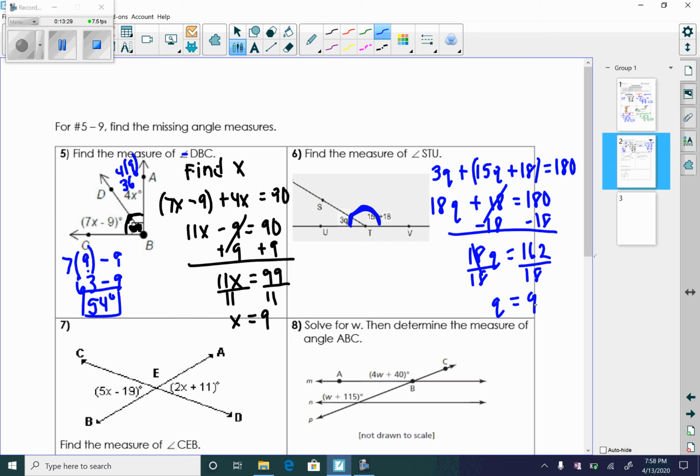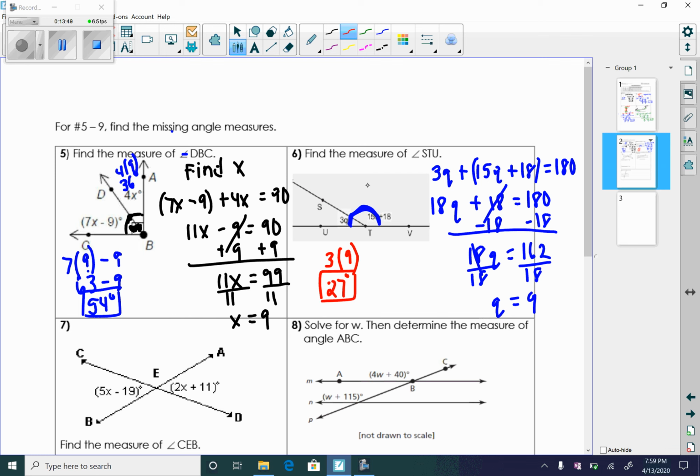Okay. Now, again, we're not done here. We need to figure out STU. So all we have to do is plug in that 9 for Q. And so our final answer to this problem is 27 degrees.